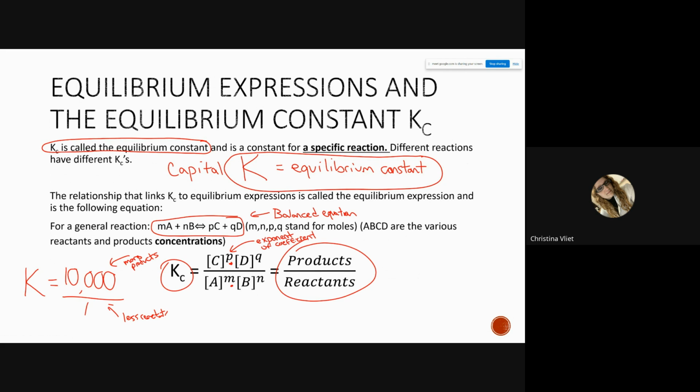Products on the top, reactants on the bottom, always for equilibrium. Hold on to this. The exponents are your coefficients from your balanced chemical equation in the equilibrium expression. I assume that your equations will already be balanced for you. I've always seen them already balanced for you, but if they aren't, then you have to balance them yourself.